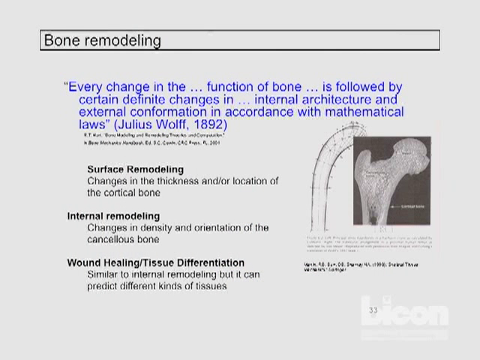Now, the modern explanation divides bone remodeling into two major sections. Surface remodeling is thought to change the thickness and or location of the cortical bone, so this layer either grows or its thickness changes. On the other hand, internal remodeling changes the density and the orientation of the cancellous bone.